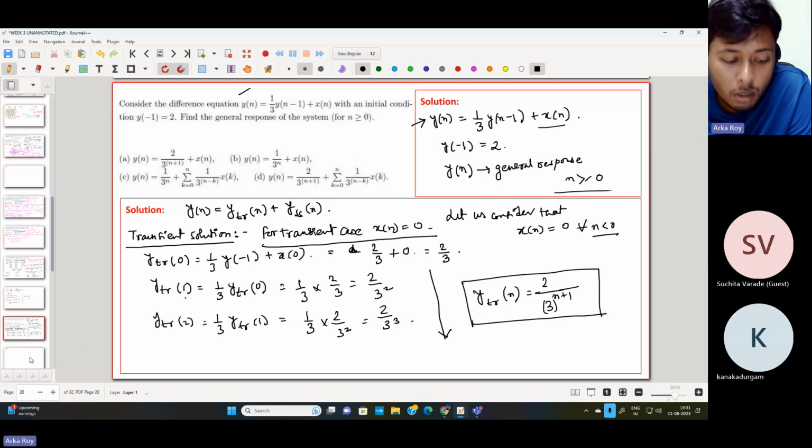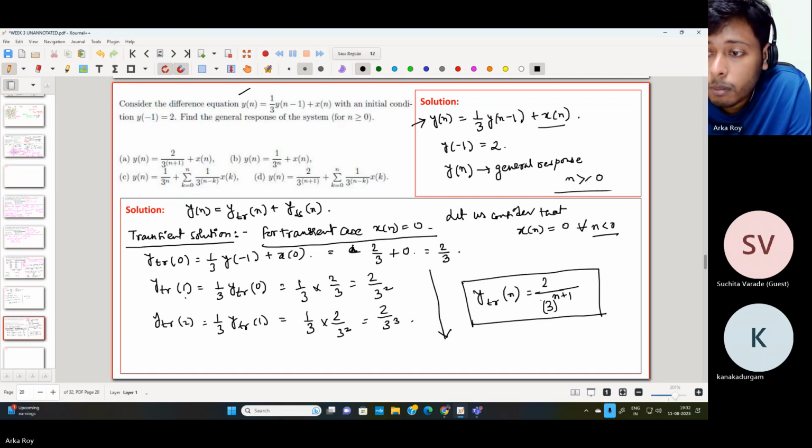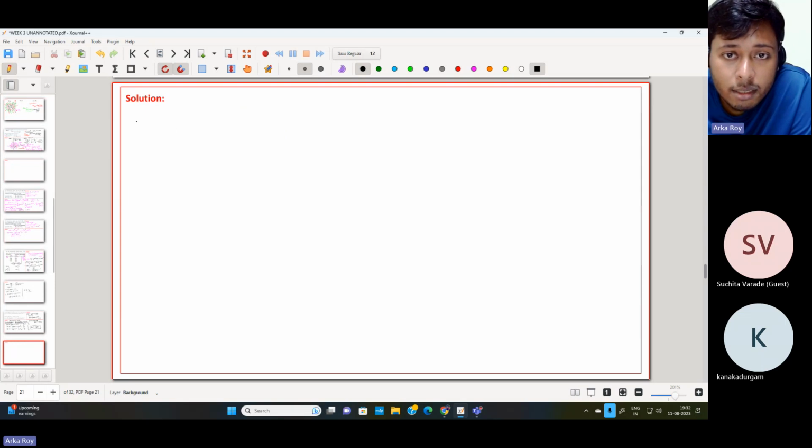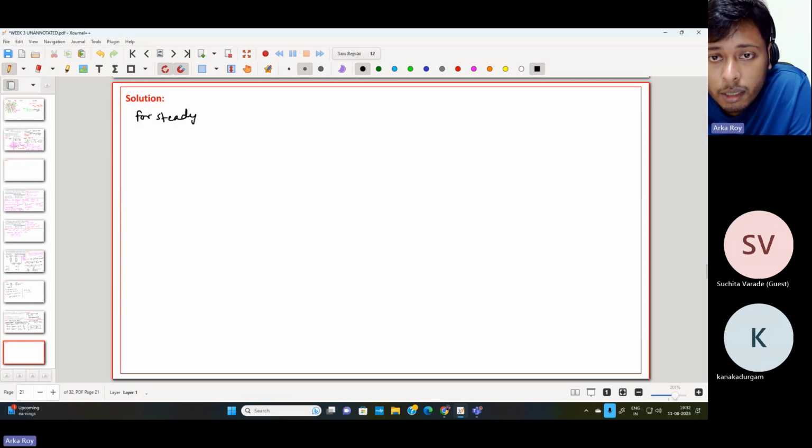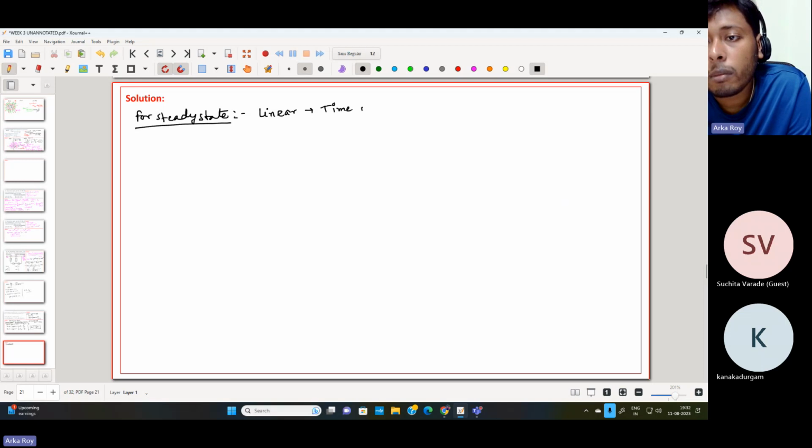Now we need to get the solution for the steady state part. For the steady state system, we will consider that the steady state solution is a linear time invariant system.